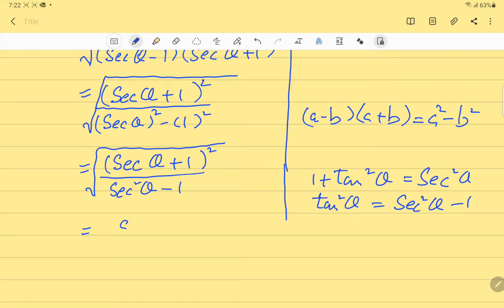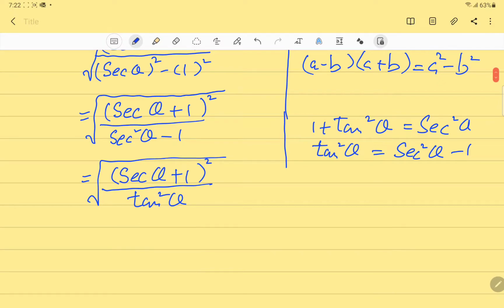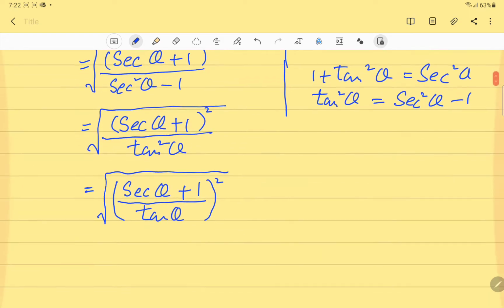So we can write it like secant theta plus 1 over tangent theta whole square and then under root.